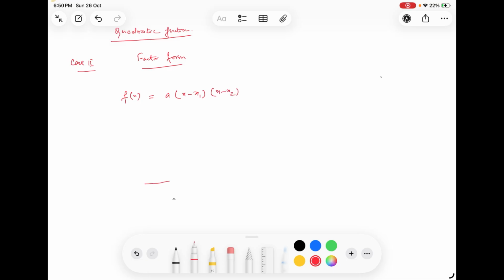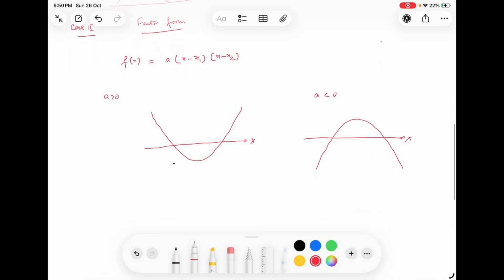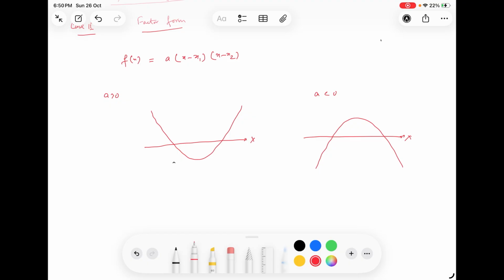If a is positive, the curve faces upwards. Here I have drawn the x-axis also. If a is negative, the curve faces downwards. See, a is positive in the first case, negative in the second case. In case 2, these 2 points where it cuts the x-axis are the roots, say x1 and x2.